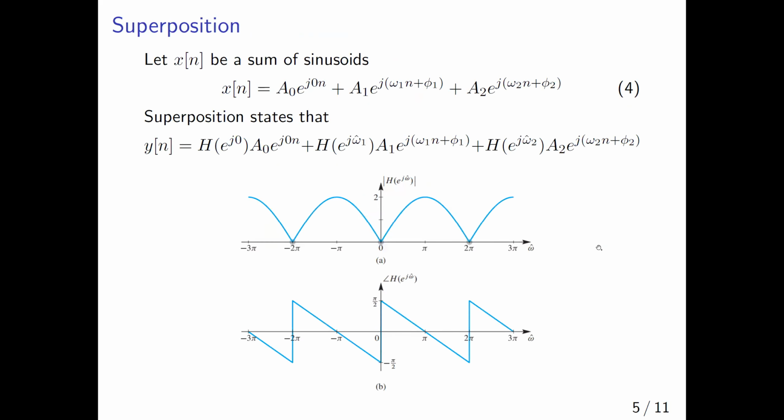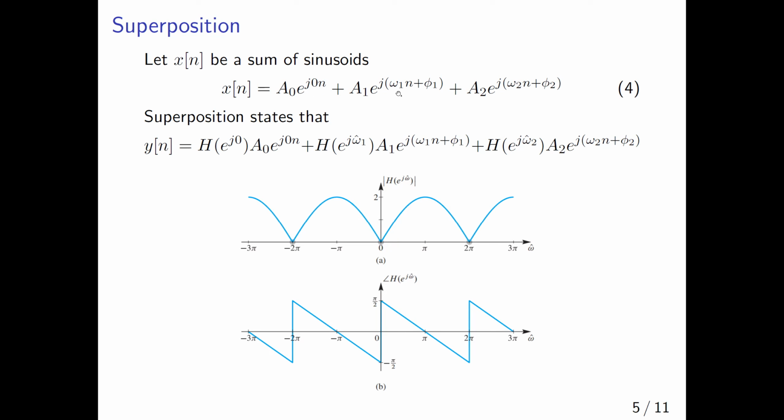The idea is that you want to use the property of superposition. The superposition principle states that practically you only need to multiply element-wise the elements of x at the same frequency as corresponding to the same frequencies of the frequency response. So in this example, I might say I have a signal x of n equals A e to the j0, which is the zeroth DC term.